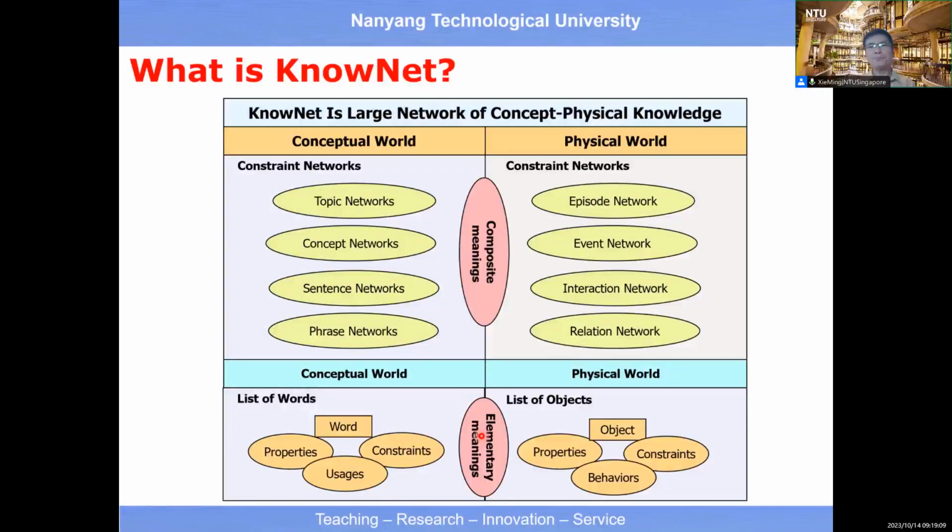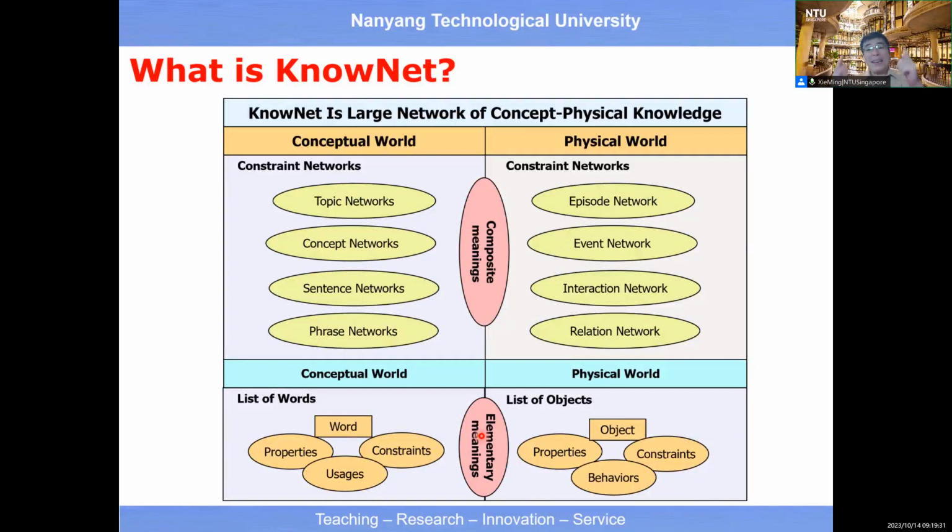Okay, and the output from our vision system should be knowledge. This is very, very important for you to know, right? Then you may want to know, how do we represent knowledge, right? And this is our proposition.